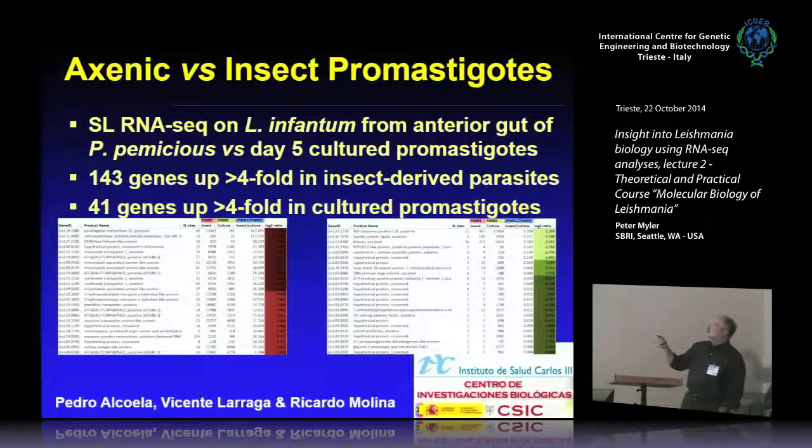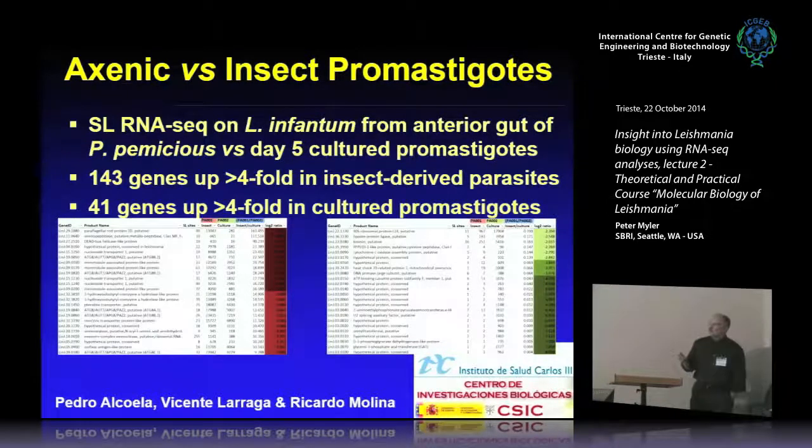Comparing these to things in the anterior gut, which should be sort of what you would think of as procyclics, there were a lot of differences. I think this is of interest, saying that the cultured promastigotes look less like insect-derived promastigotes than axenic amastigotes look like macrophage-derived amastigotes.